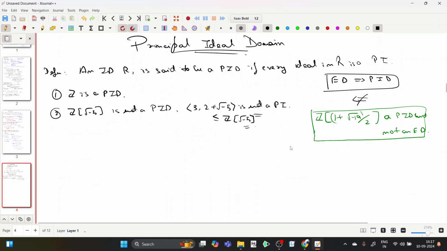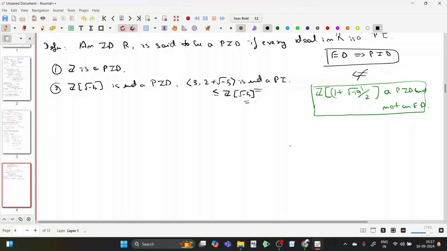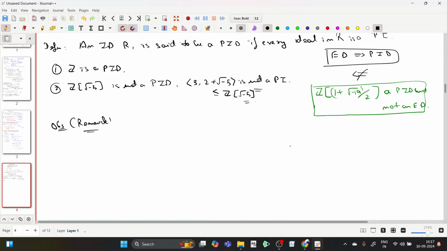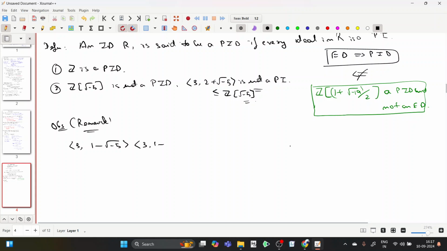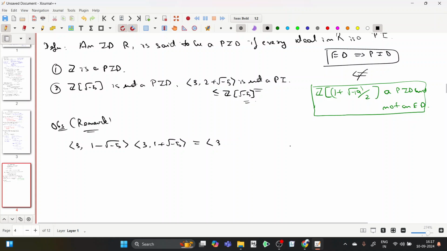Moreover, if you have two non-principal ideals, then their product can still be a principal ideal. That is an observation, or you can also call it a remark. Suppose I take the non-principal ideal generated by 3 and 1 minus root minus 5, and I consider the other ideal generated by 3 and 1 plus root minus 5, then their product will give me just the ideal generated by 3.